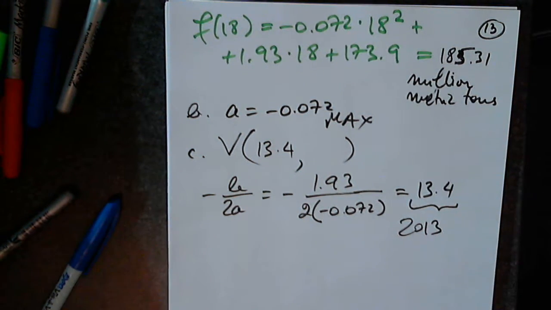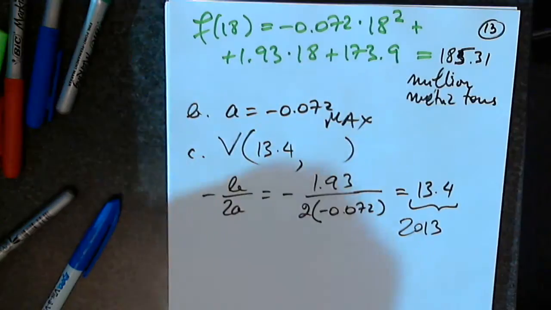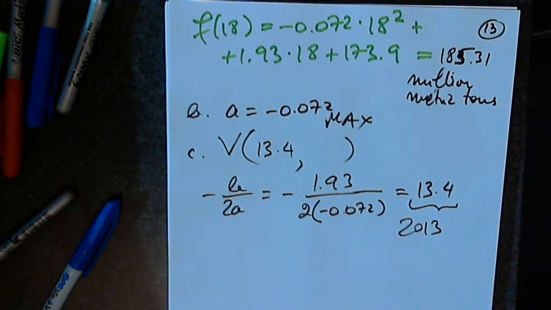So here's how I got that. We had the top, negative 1.93 in parentheses, divided by, in parentheses, 2, in parentheses, negative 0.072, close the parenthesis, close the parenthesis.